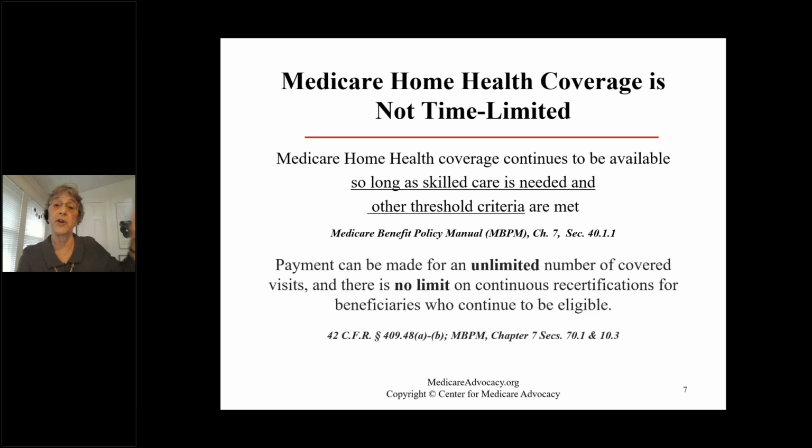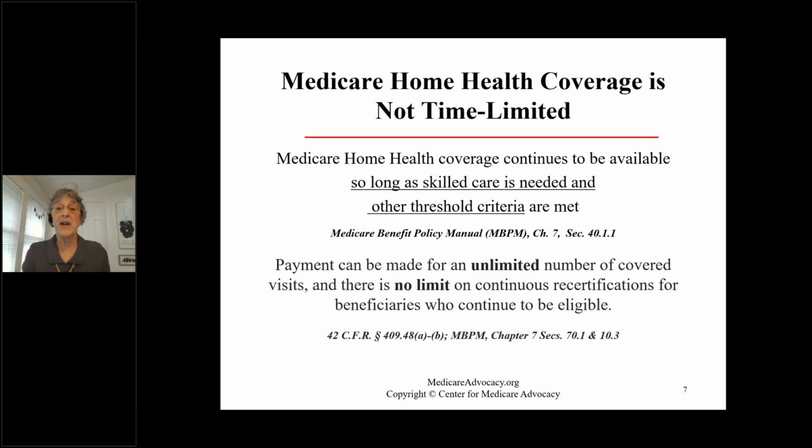So if a person continues to need that nursing, physical therapy, or speech language pathology, or those have gone but occupational therapy continues, then Medicare coverage is able to continue as well under the law for as long as it is legally necessary and the individual remains confined to home.